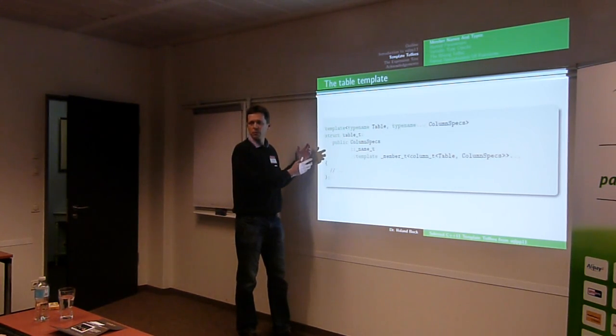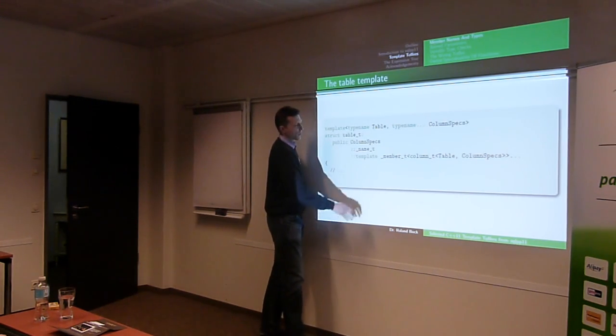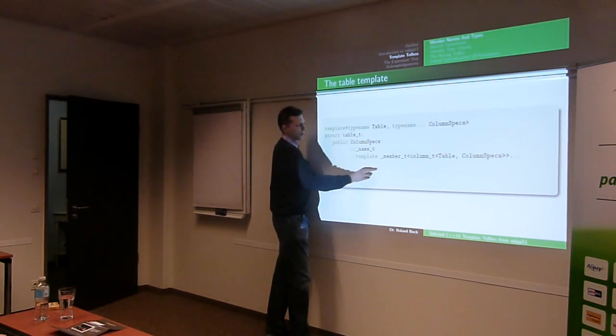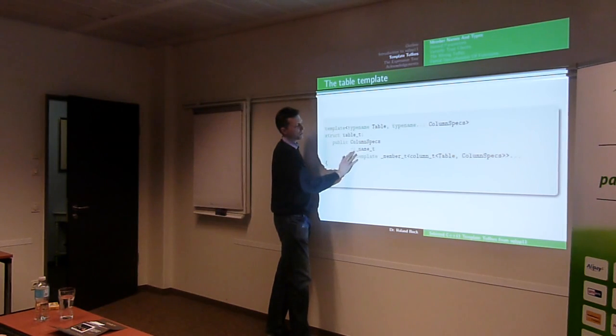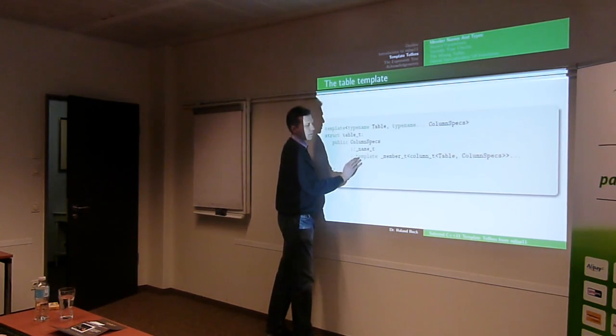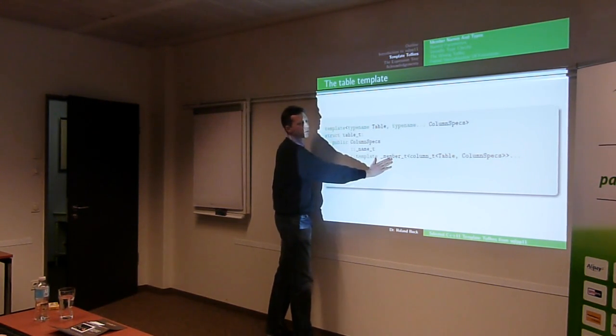Should be a member, because that's what we're using all the time in the statements before. And we do this by the member template, which is part of the column specification. Right? So you have the column specification, including this name thing, and that includes the member template.